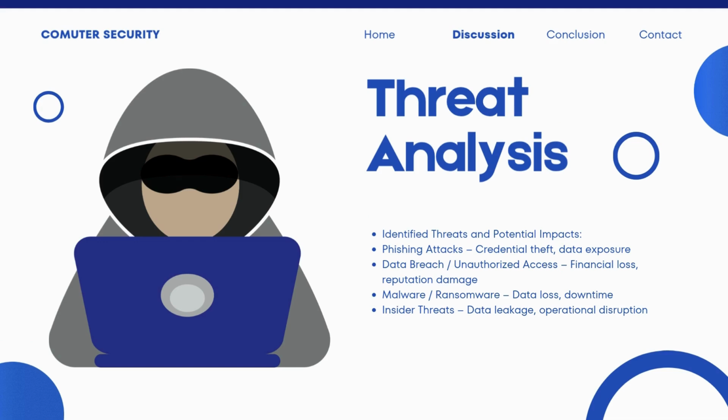Some of the key threats we found include phishing attacks, where cybercriminals try to steal employee credentials or customer information; data breaches or unauthorized access, which could lead to financial loss and serious damage to the bank's reputation; third, malware or ransomware, which can cause system downtime and data loss; and lastly, insider threats, which involve employees who might misuse or leak sensitive information. By understanding these threats, Sunrise Community Bank can take proactive steps to prevent incidents and protect its data and systems.